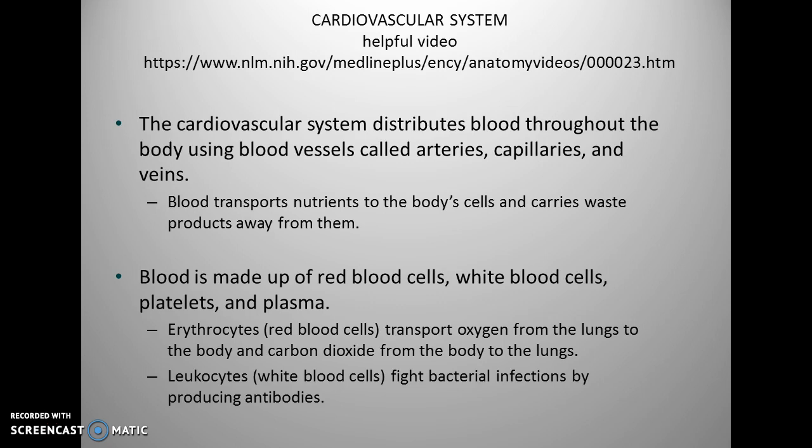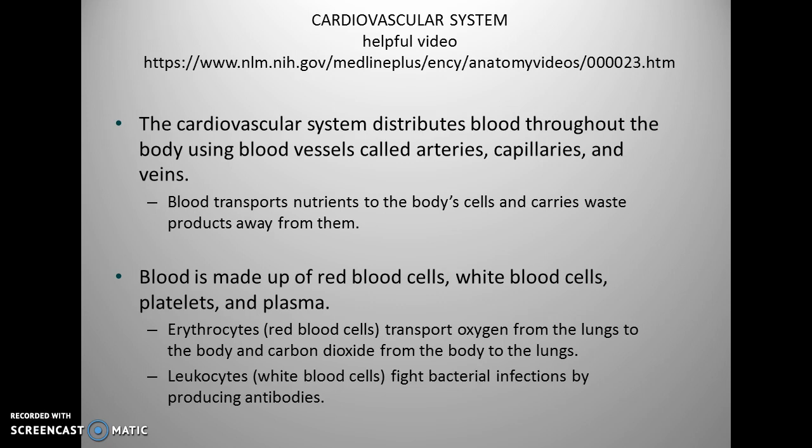So here we are talking about the cardiovascular system. And here we have a group of words together: cardio, dealing with the heart; vascular, dealing with the arteries, capillaries, and veins. And this allows for distribution to the body through blood vessels, again, as I mentioned, arteries, capillaries, and veins.